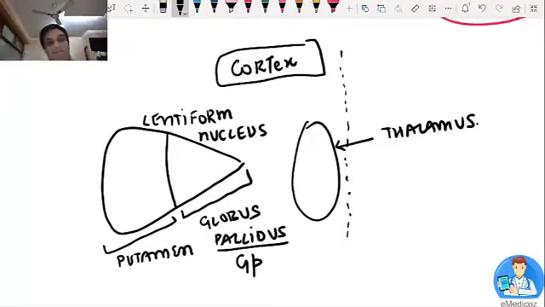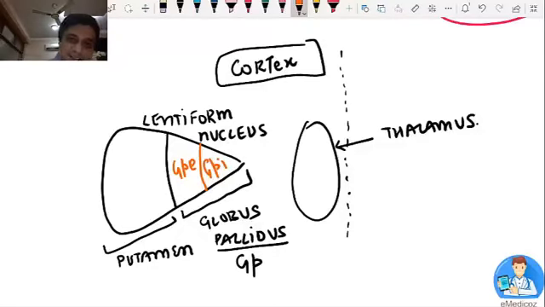Okay. Now this globus pallidus is made up of two more structures inside it. That's the globus pallidus externa, E. That's the E over there. Okay, it's not the C, it's E. It's not coming properly. Because it's in English, E for English, and you know my English.